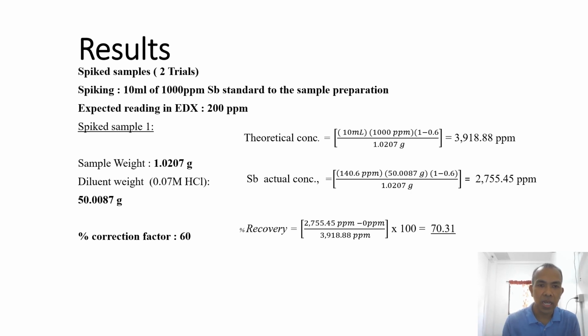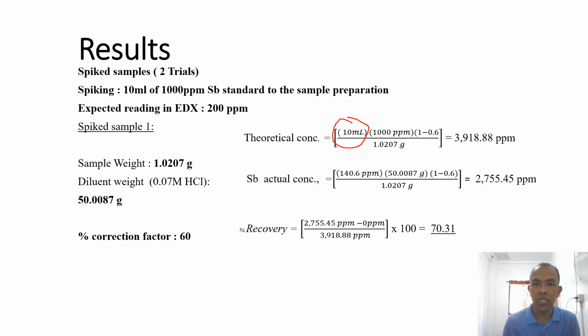For the theoretical computation, I pipetted 10 ml here, and the weight times 1000 ppm, the concentration of where I got the standard from, 1000 ppm, and then 1.06, this is the correction factor.